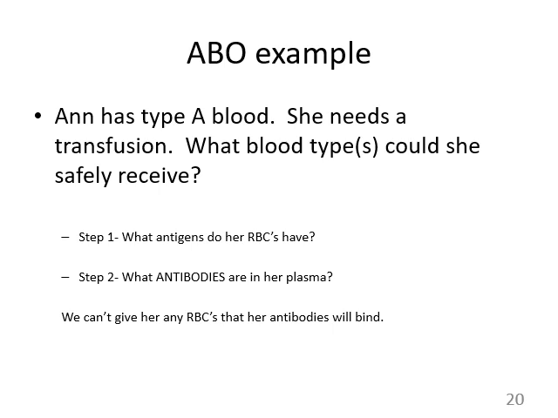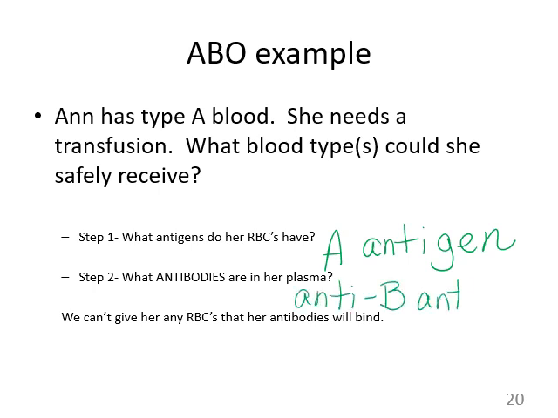Antigen, she's type A blood, so she's got the A antigen. She has antibodies to antigens she does not have, and she does not have the B antigen. So we're going to say she's got anti-B antibodies. Where's the anti-O? There's no anti-O because O's nothing.